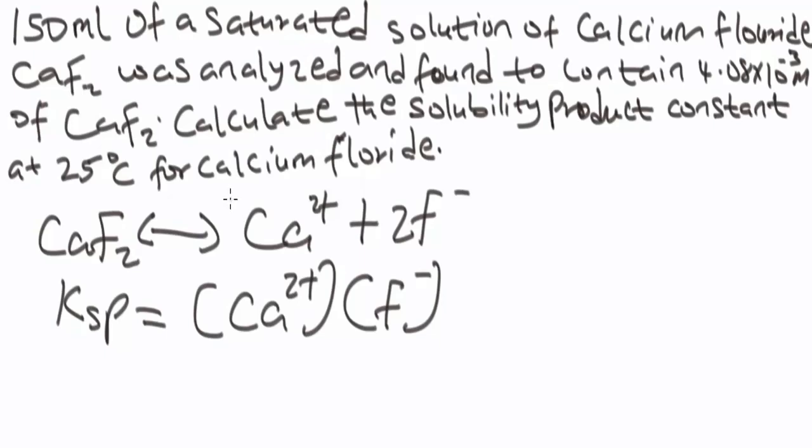The stoichiometric coefficient of calcium ion is 1, that of fluoride is 2, so raised to the power 2. Note again that the mole ratio here is 1 is to 2.